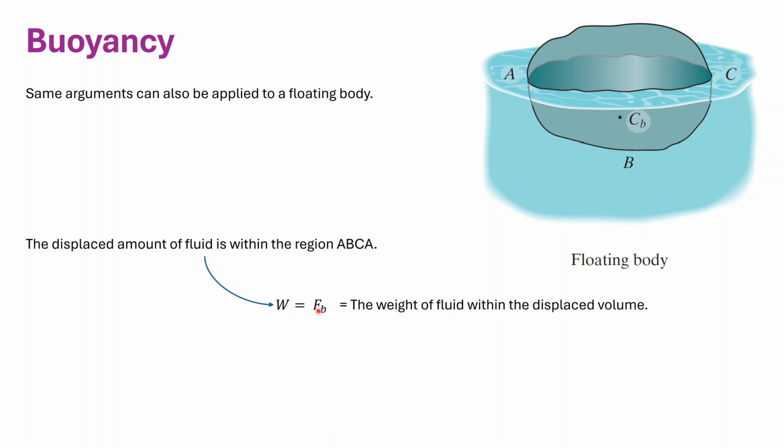That equals the buoyant force. Weight is downward, it's a vector, it's a force, and buoyant force is upward. So they balance, and this object can basically float on water. And the center of buoyancy, C sub B, is at its centroid.